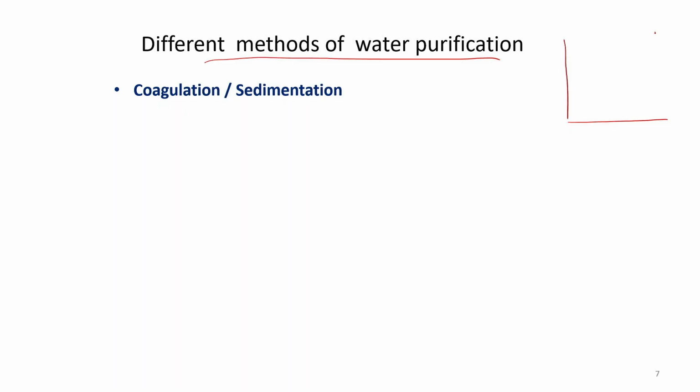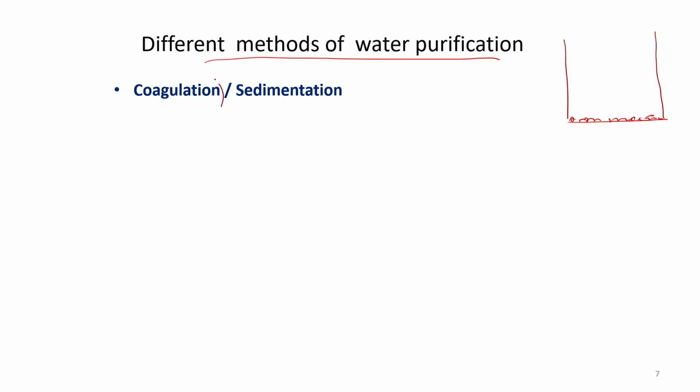Sedimentation is the first method where, if you keep the water stagnant, the large particles present will get settled and the water will be relatively cleaner.